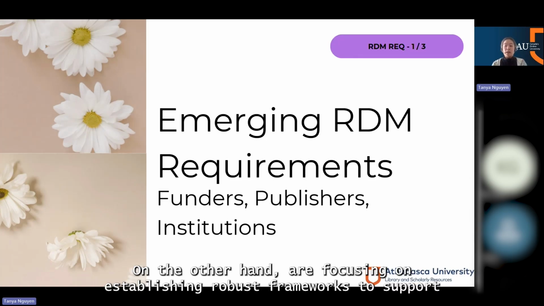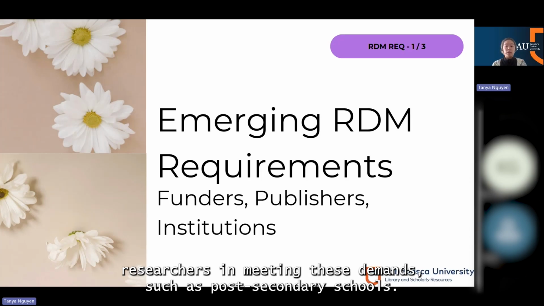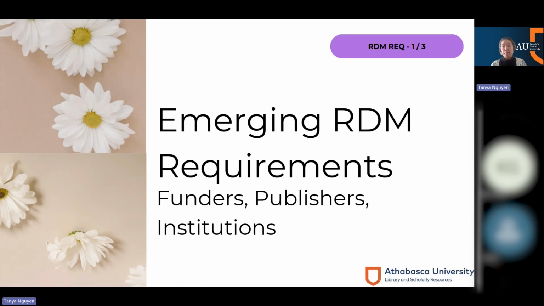Institutions, on the other hand, are focusing on establishing robust frameworks to support researchers in meeting these demands, such as post-secondary schools. So think about how these requirements might impact your own research or the research within your organization. How might they drive innovation or change the way we approach research data?